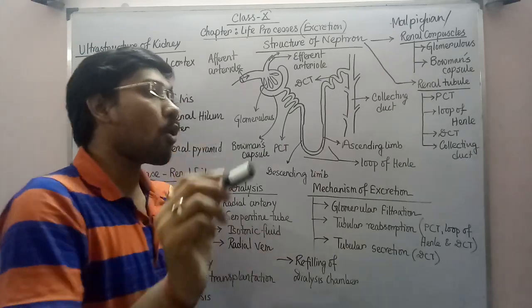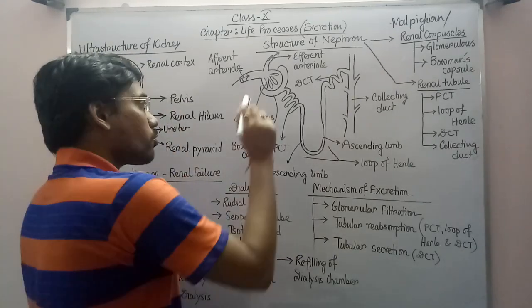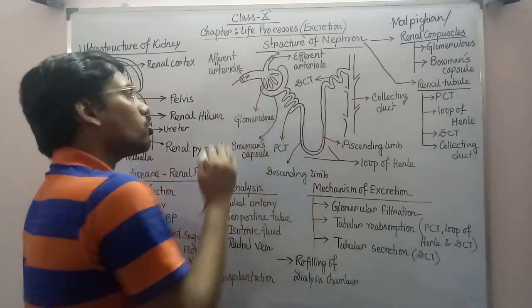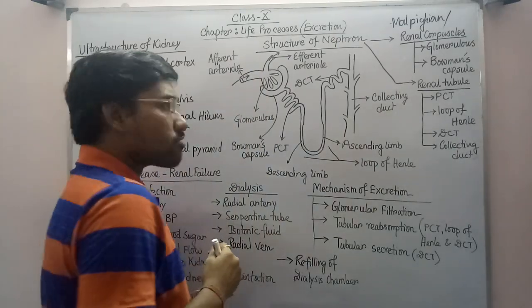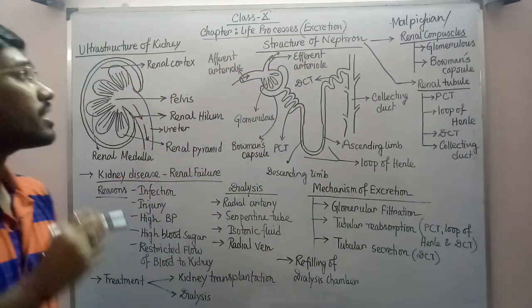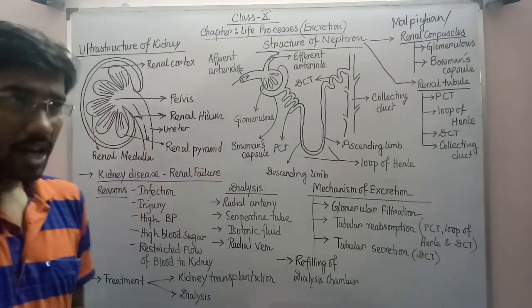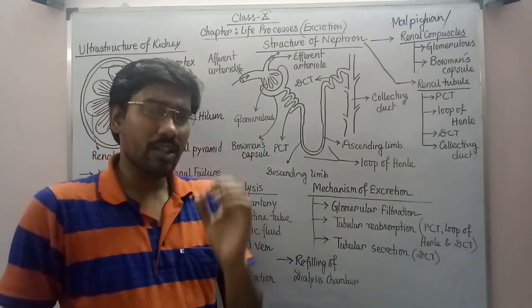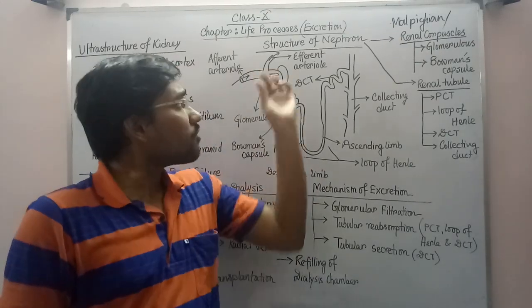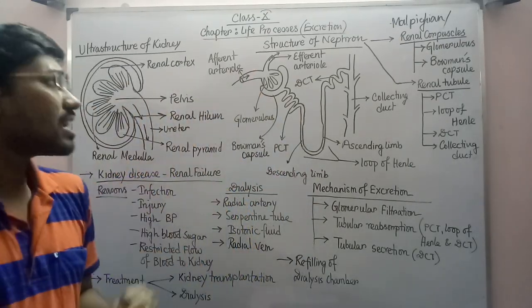Now there is a very important point to keep in mind when drawing: the afferent arteriole has a somewhat larger diameter than the efferent arteriole. Why? Because through the afferent arteriole the impure blood comes in with high velocity, so its diameter should be larger. But why is the diameter of the efferent arteriole smaller?